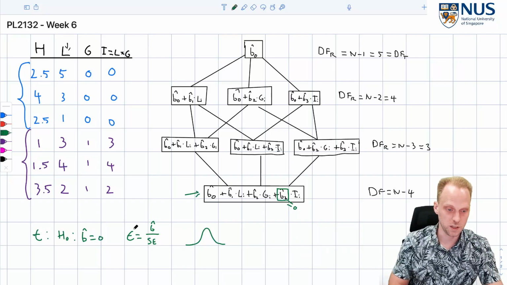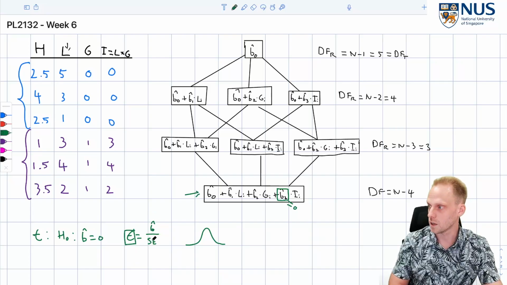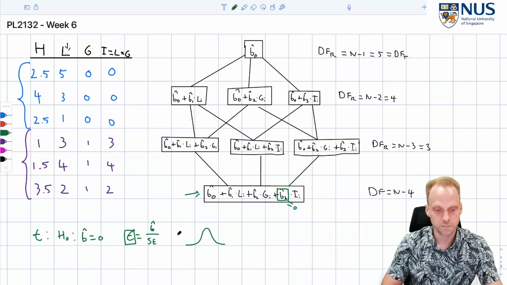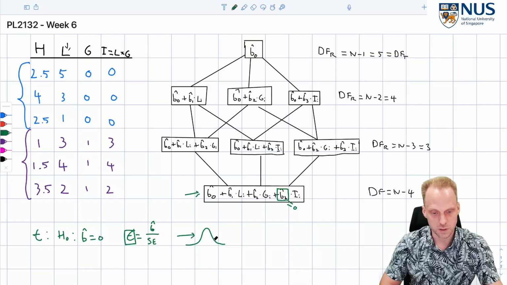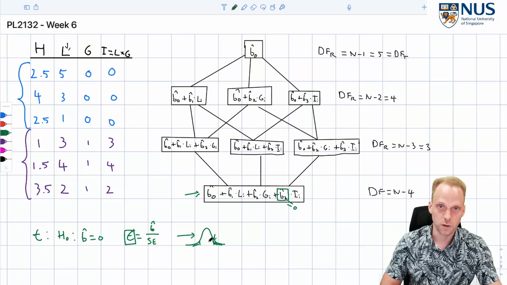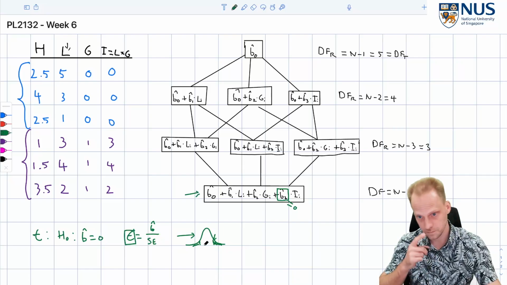We compute t by dividing that estimate with the standard error, which we get from software, we get our null distribution, and then, for example, we can look at this p-value for the two-sided test to see if the effect we found is likely under the null hypothesis or not.